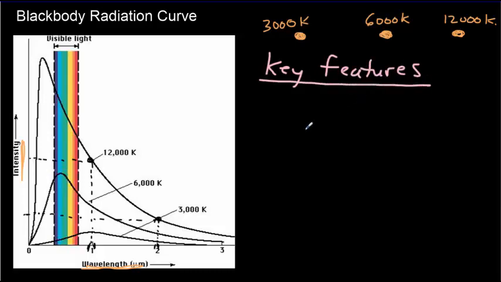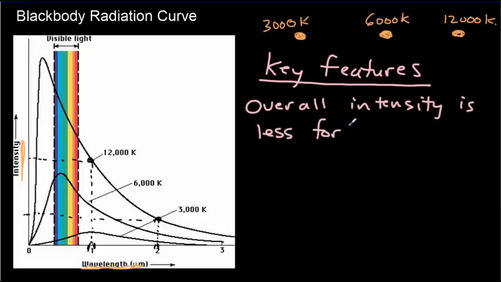The first thing is that the overall intensity is less for lower temperatures. That is to say that this 12,000 K curve is generally of a much higher intensity than this 6,000 K curve.